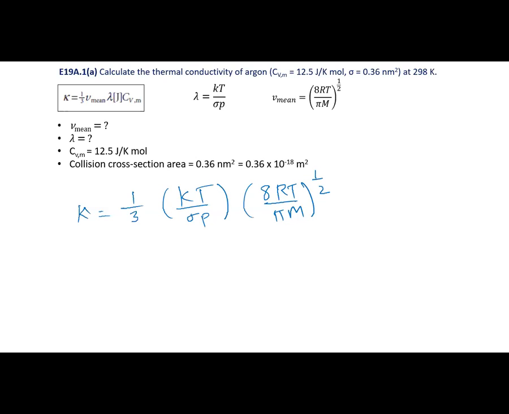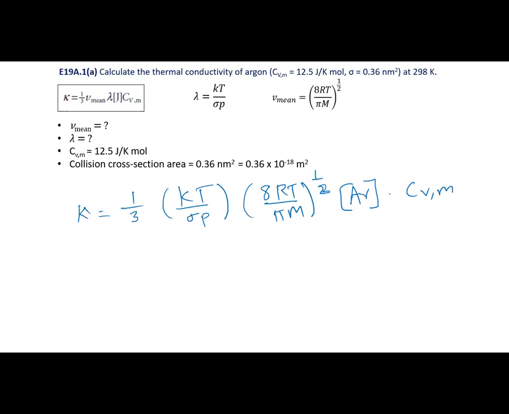So I substitute the mean speed, and for lambda, this J value is nothing but the molar concentration, and in this case, J is nothing but the argon, and again, we still have CVM. So we have this equation.